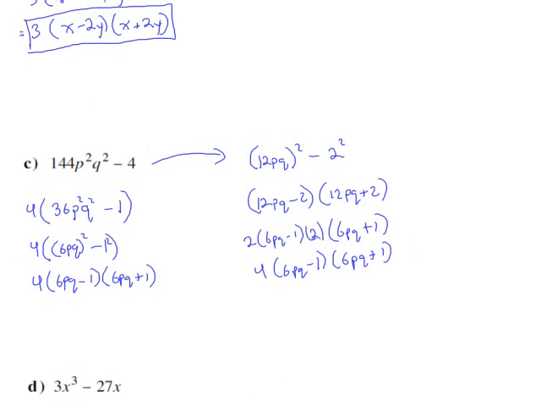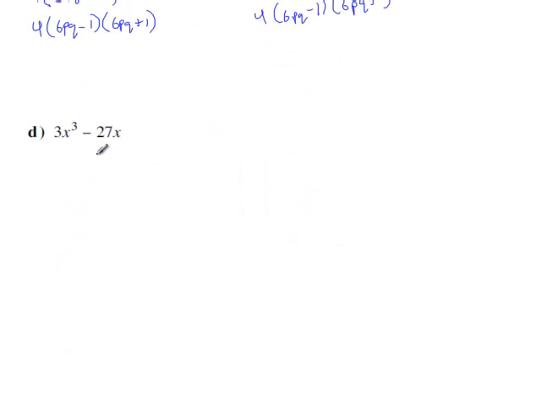Okay, on to part D. So here both of these terms are divisible by 3, and they're also both divisible by x, so your common factor is 3x. Then 3x cubed divided by 3x is just x squared, and negative 27x divided by 3x is negative 9.